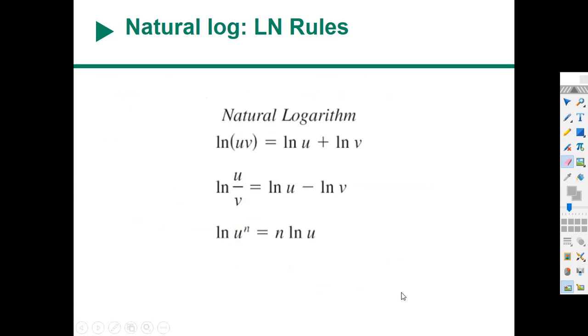All right. Now, natural log. I just want to show you natural log. It is the same rules. The only difference is instead of log, it is ln. But you still have your product, your quotient, and your power rule. The only difference is that one is natural log and one is common log, or log of any base.